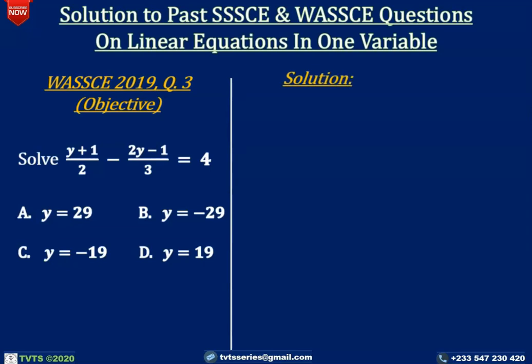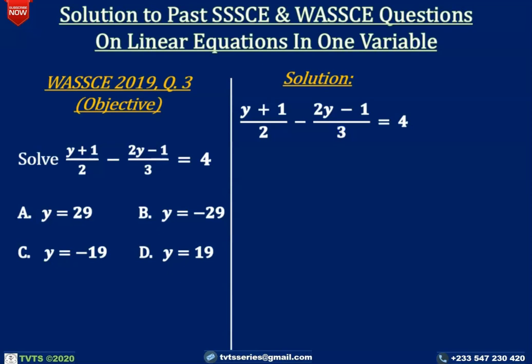We have the equation y plus 1 all over 2 minus 2y minus 1 all over 3 is equal to 4. This is an equation containing fractions. Therefore, let's multiply through by the LCM of 2 and 3, which is 6.